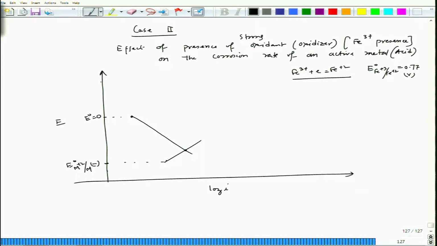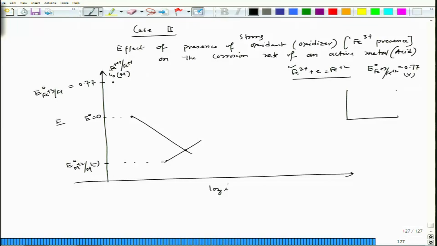So, this is positive 0.77, equal to E0 of Fe3+/Fe2+. Let us say its position is here. This is I0 of Fe3+/Fe2+ on the metal surface, because the iron is in the ionic form in the solution.